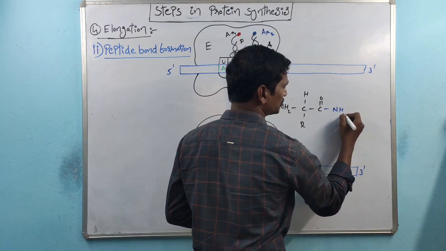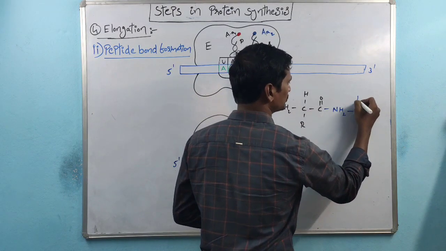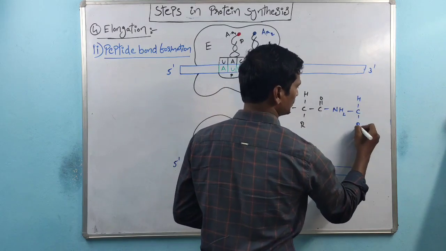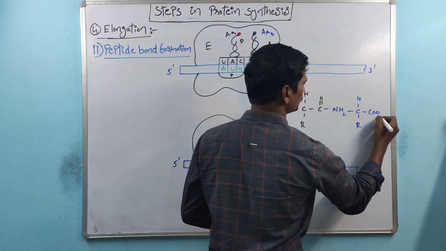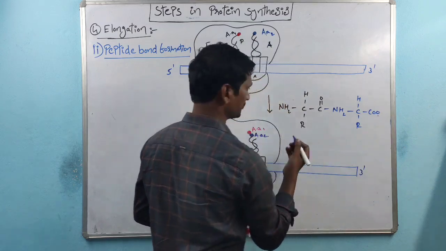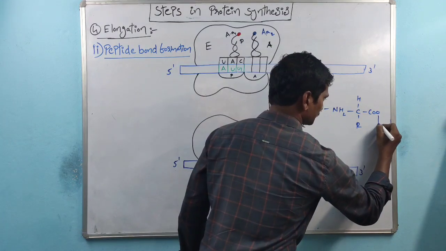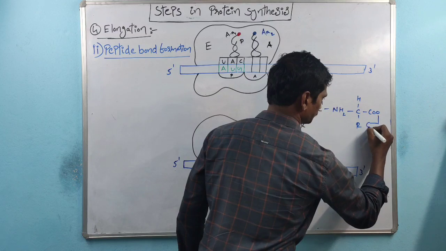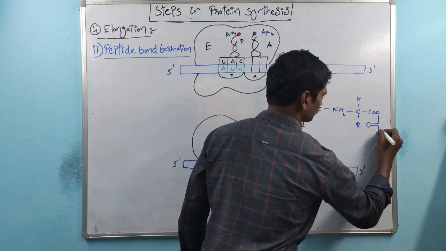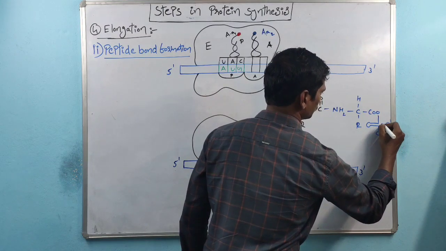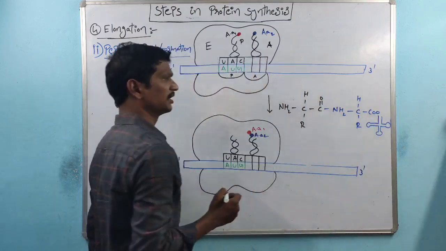See, this is the NH2, again this is the CH and the side chain R, and this is the COO. So exactly the structure is like this.